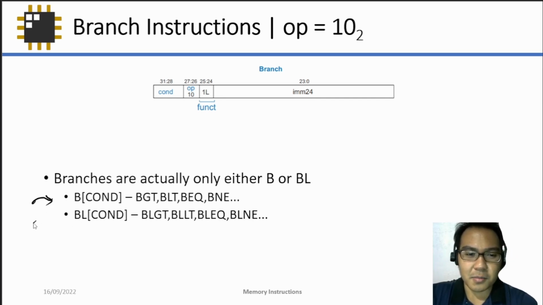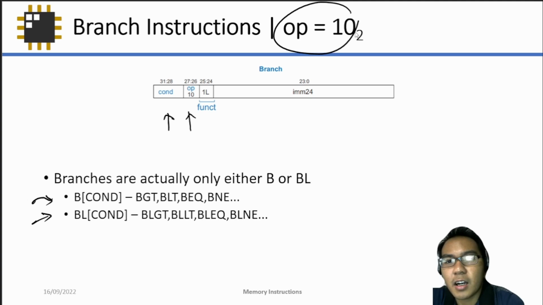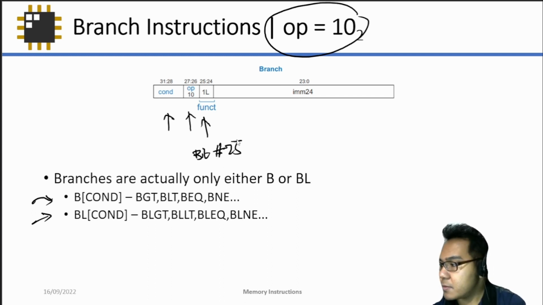Okay, so these are the branch instructions that we're going to be covering. Of course they have conditions. Opcode is 1, 0 for branch instructions, and for branch instructions, bit number 25 always equals 1. L is whether or not L is there.